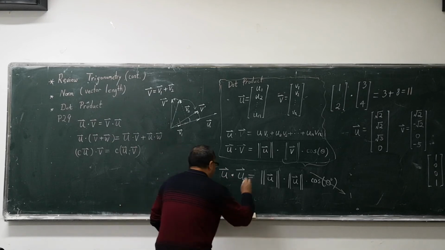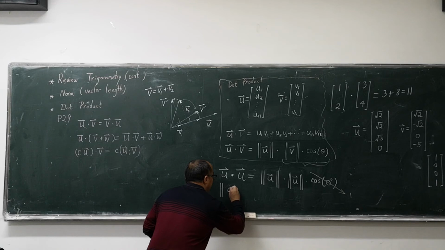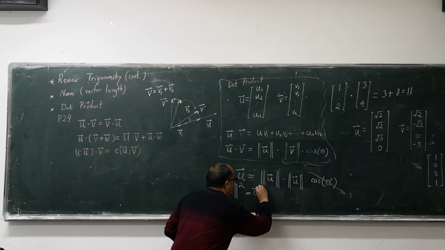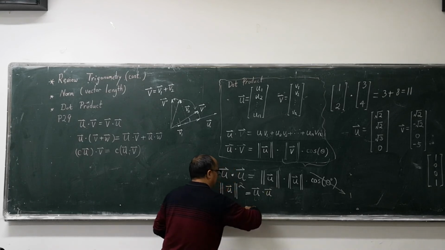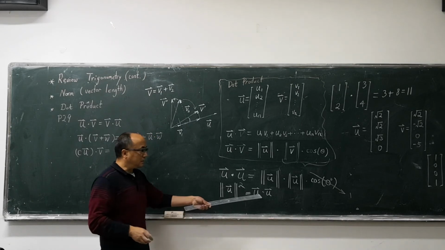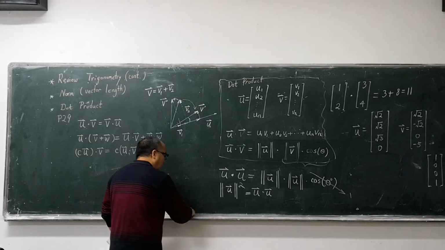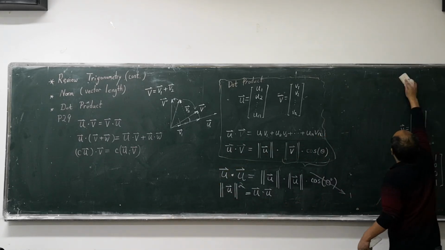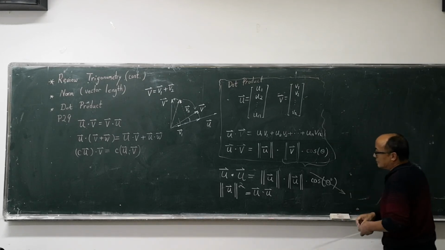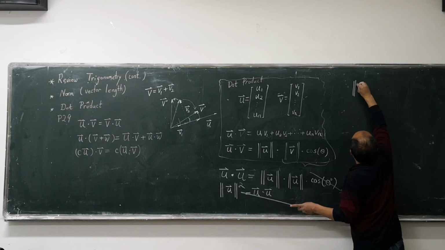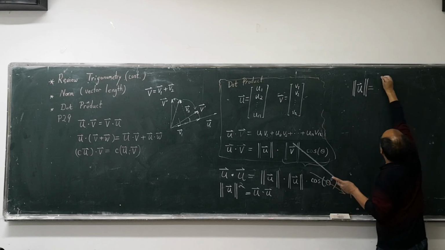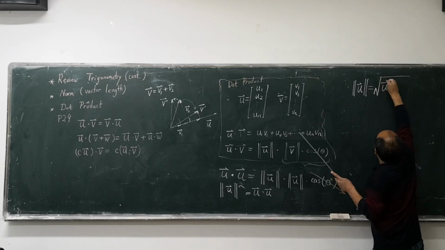The norm squared is equal to the vector dot itself. So the norm is the square root of the vector dot itself.